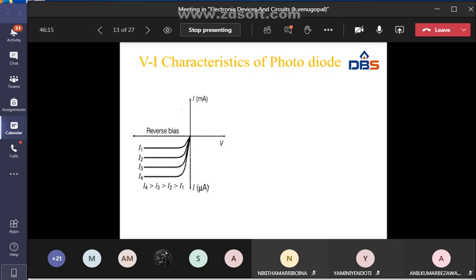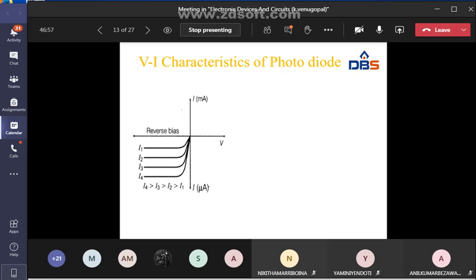Here the photocurrent is nearly independent of the applied reverse bias voltage. For zero luminescence, the photocurrent is almost zero, excluding a small dark current, which is of the order of nanoamperes.